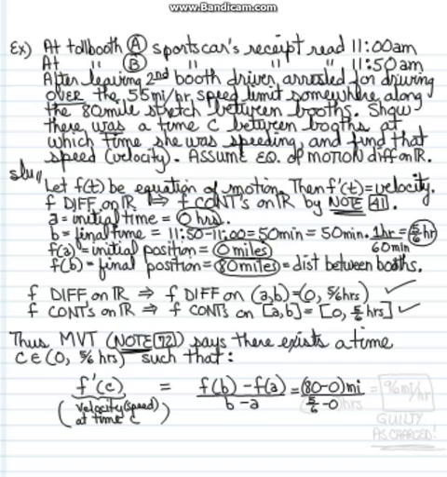Dividing by 5/6 is the same as multiplying by 6/5, so we get 96 miles per hour. She is guilty as charged.